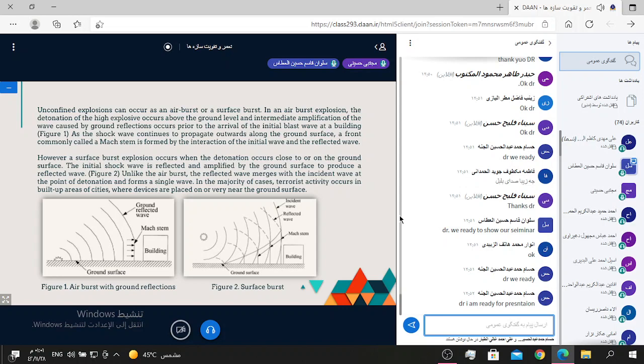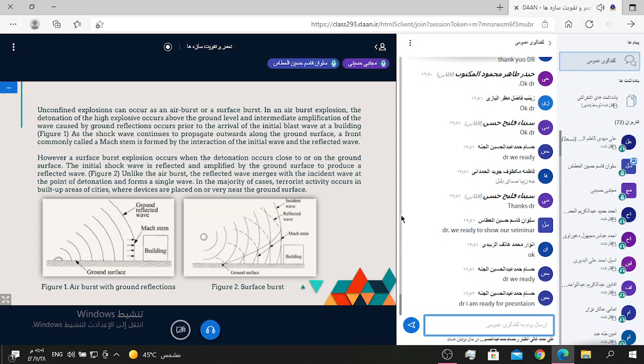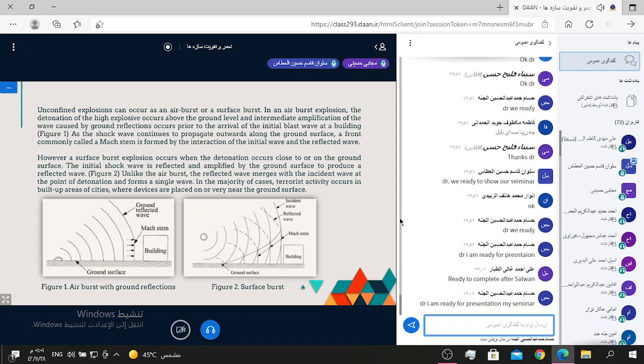Unconfined explosion can occur as an airburst or a surface burst. In an airburst explosion, detonation of the high explosive occurs above the ground level and intermediate amplification of the wave caused by ground reflection occurs prior to the arrival of the initial blast wave at a building.